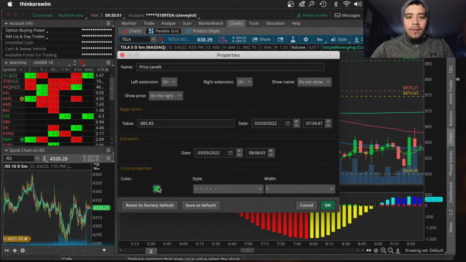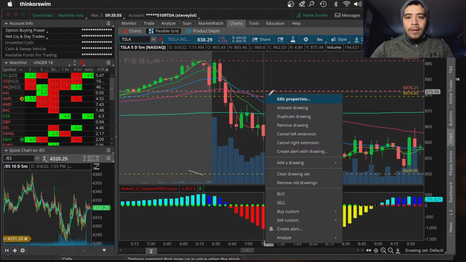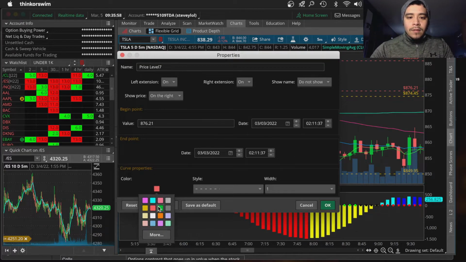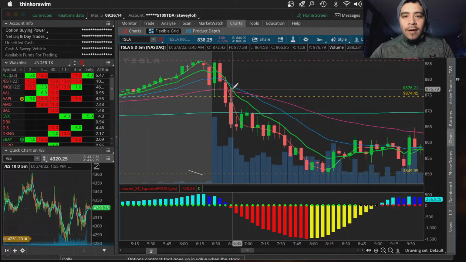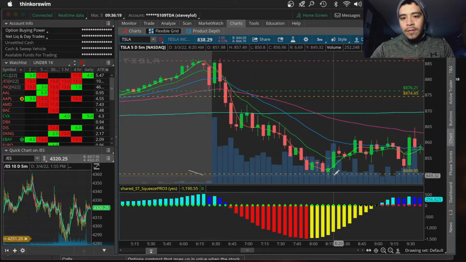Let's reverse this. Okay, make it green for visual purposes. You wanted to get out right here, take a loss, and then you wanted to get in the trade right here, and then take profits here. So let's say you got in here, and then the price went up right here, and you got scared because you were down like 50 bucks. You're like, no, I don't want to lose it. So you sell your trade, and then look, if you just followed your plan, you would have made a bunch of money. So that is paper hands. You don't want paper hands.